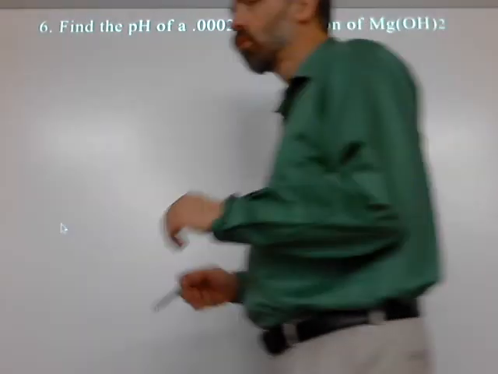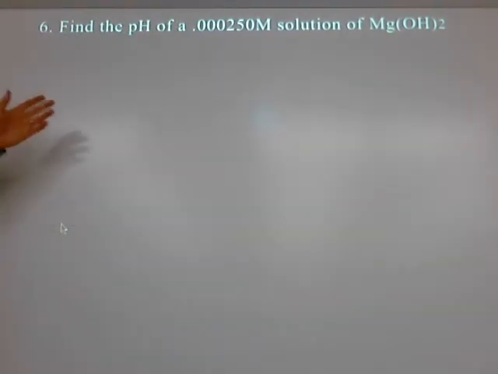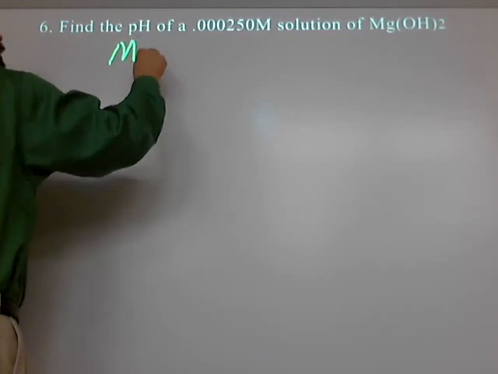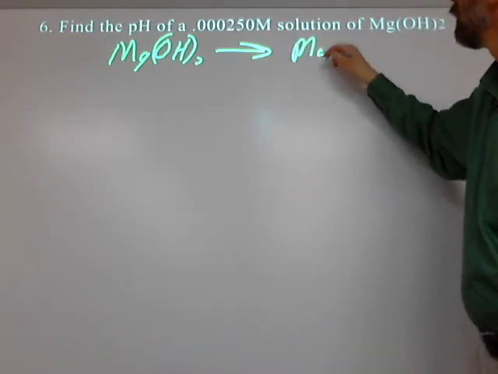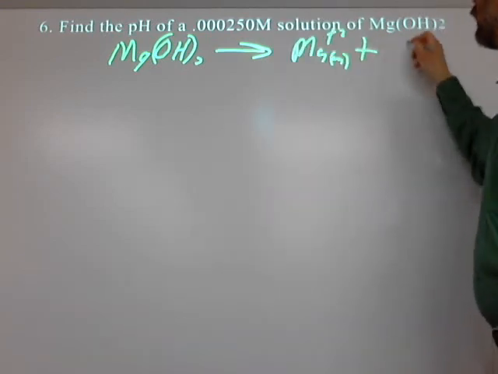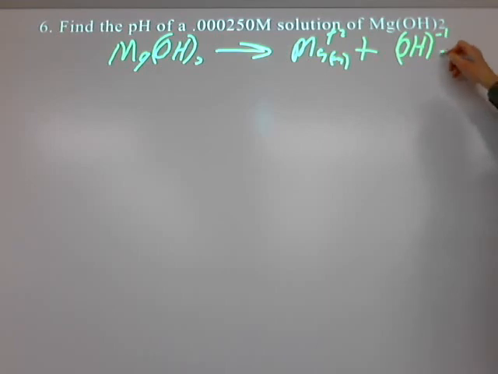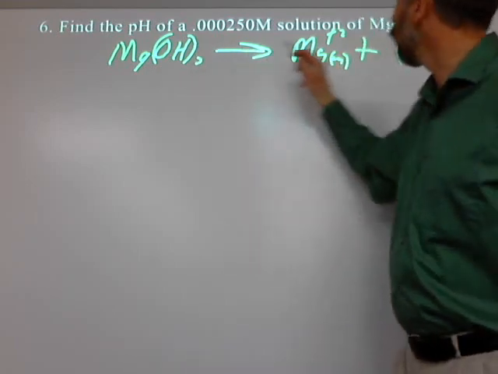All right, so for both of those reasons, I want you to always show me the formula and the equation. This guy's breaking up. A base breaks up in water into magnesium ions in this case, aqueous, and hydroxide ions, aqueous, right? But I have 2 of these, so I need a 2 in front of there.